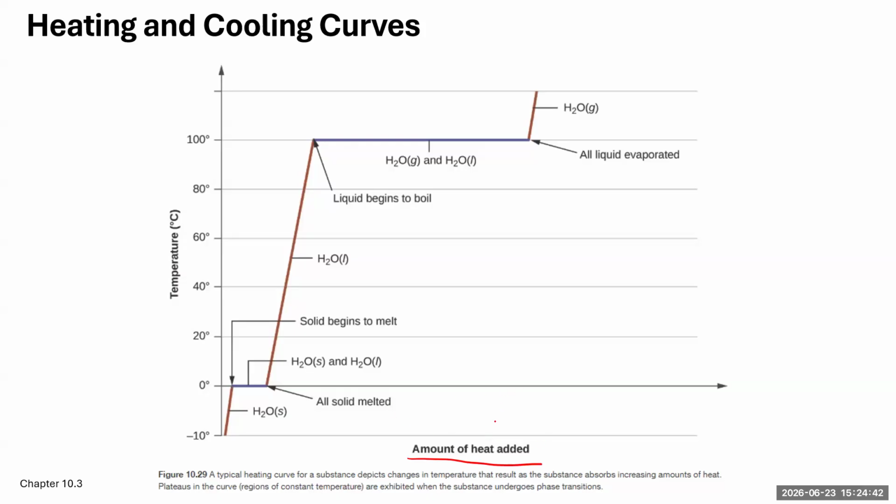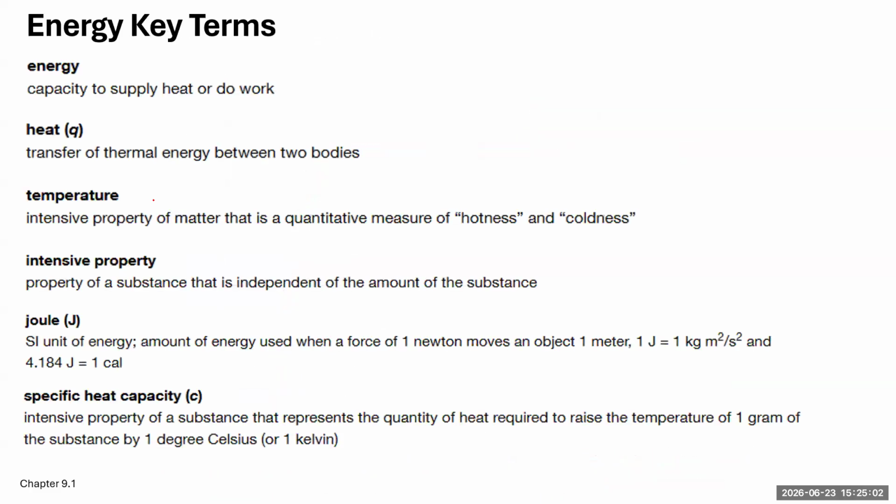Heat is a quantity. It's a quantity of something. And here's temperature. What's the difference between heat and temperature, which is weird.